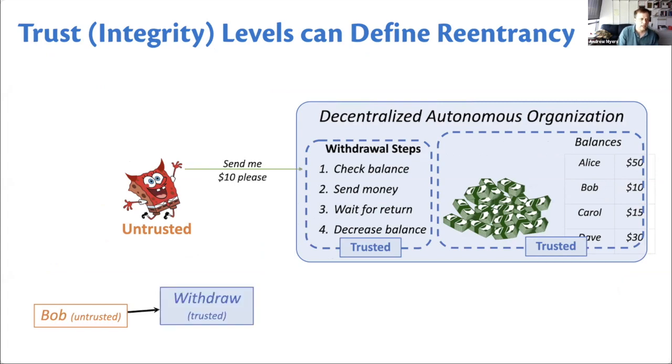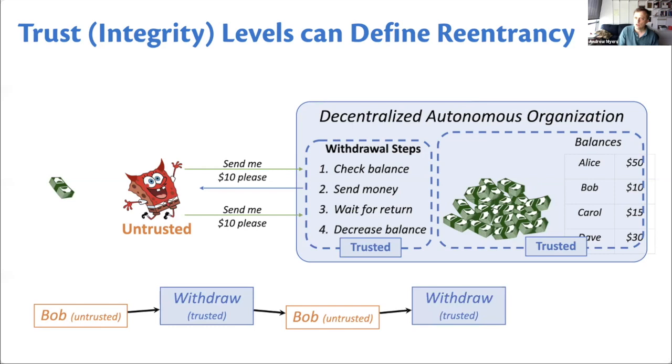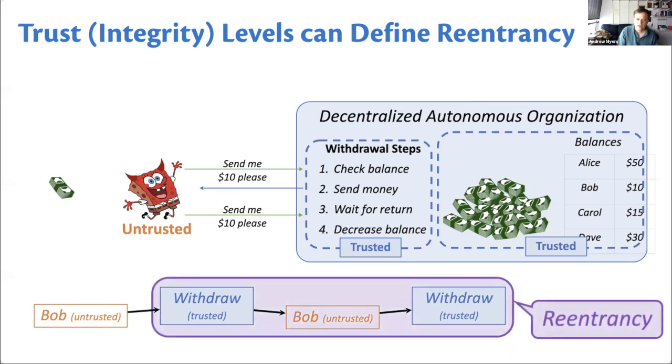He's making a request. He calls into withdraw, which is trusted, and then withdraw returns to Bob. And then Bob makes another call, that reentrant call, calling back into trusted code. And so that pattern there, where we went from trusted code into untrusted code and then came back into trusted code, is the essence of the vulnerability. That's the reentrancy that we're worried about.